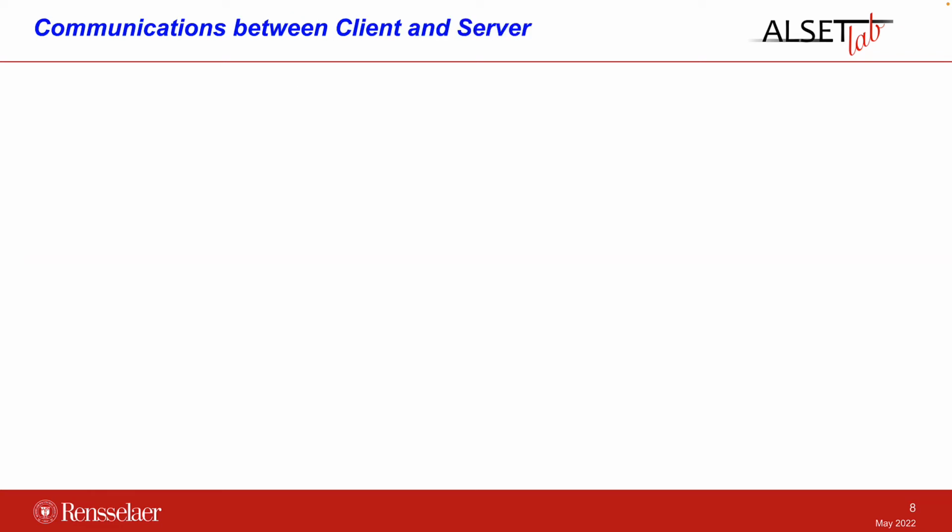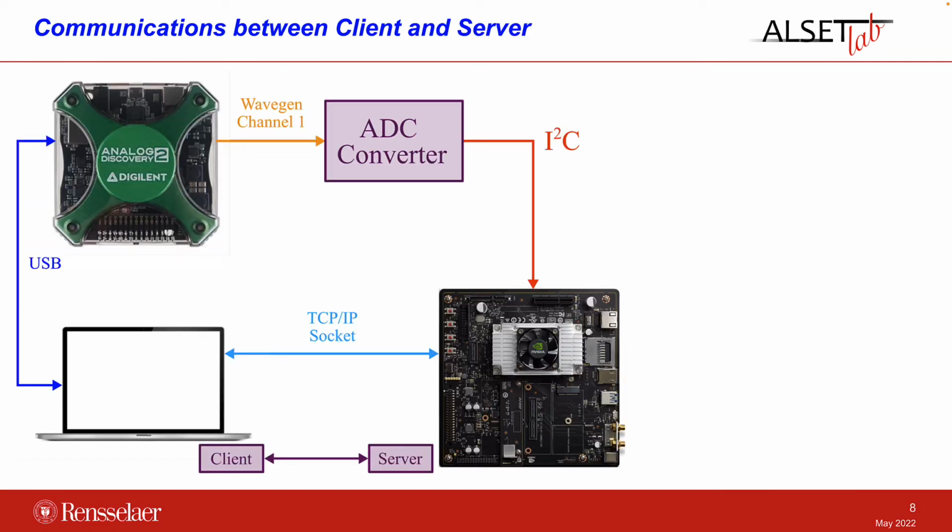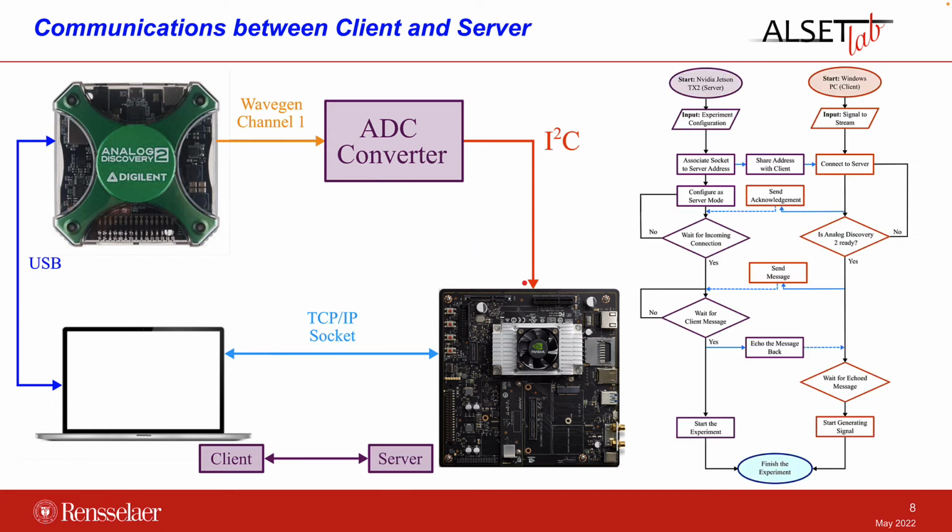So now we have seen in this slide how everything is interconnected, but actually the communication is not as straightforward. Here we see the different protocols and the ways in which each device is talking to the others. And then here on the right, we observe the flowchart that represents the actions from when the experiment starts to when the experiment ends.